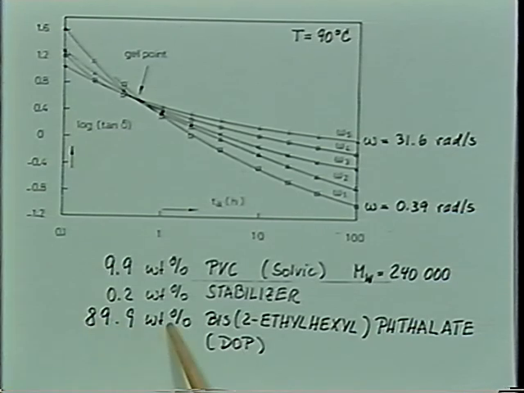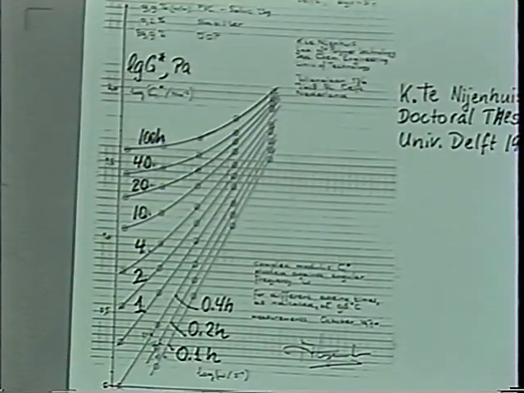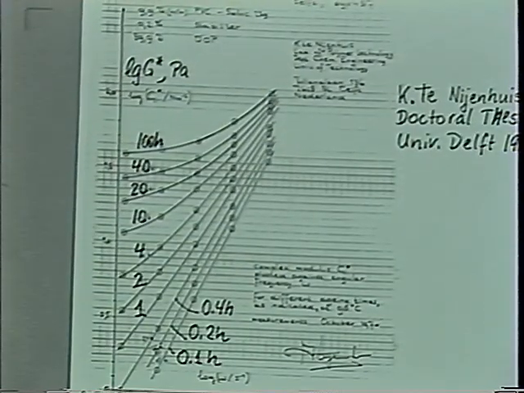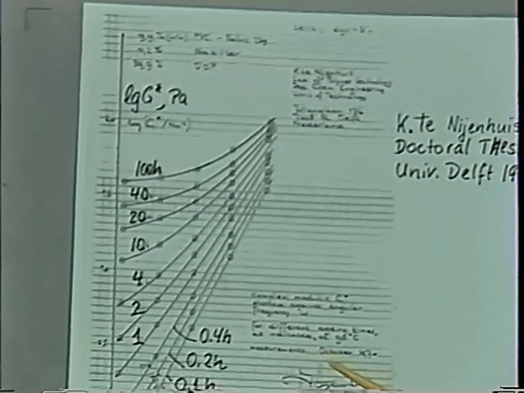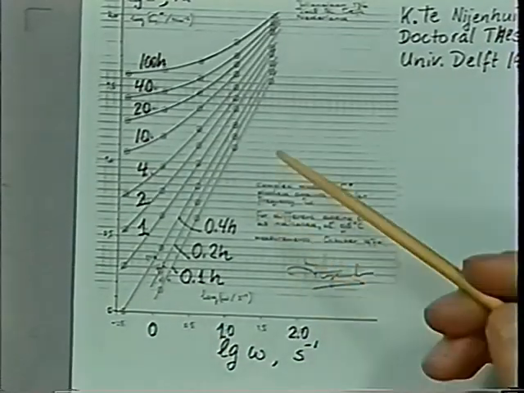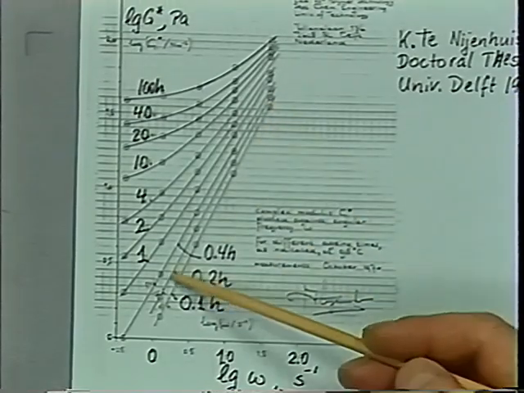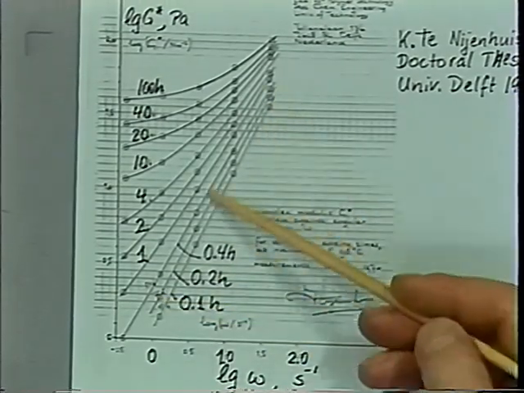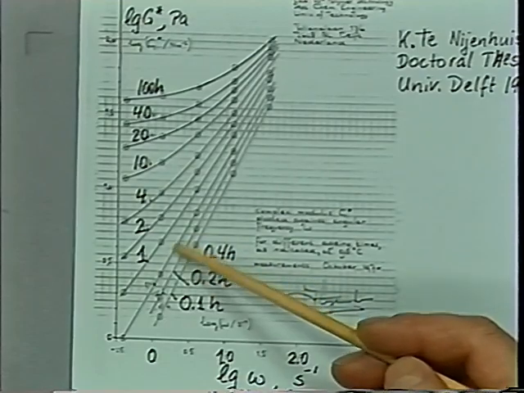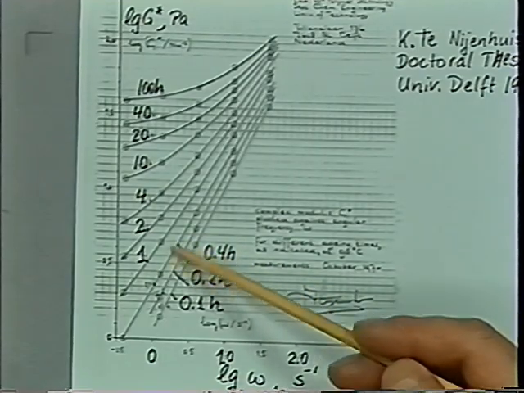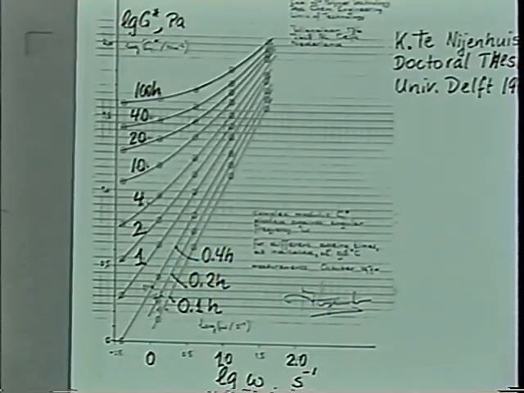He had actually 90% DOP and 10% PVC for this sample. So everything was liquid in the beginning, and he cooled it down and observed the evolution of the mechanical properties in time. At a tenth of an hour, at 20% of an hour, he has this. At 40% of an hour, he has this evolution. And somewhere in this range, he claimed that the material went solid.